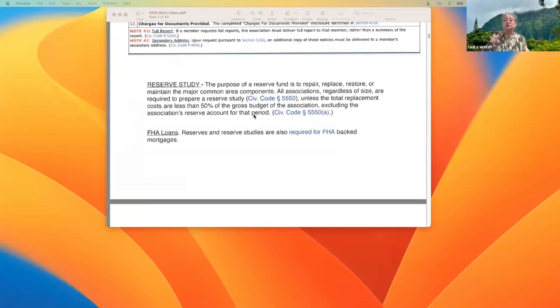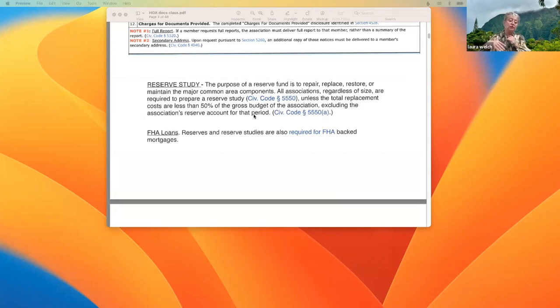The reserve studies are really important. The purpose of this is, as it's stating, it's for the repair. It is for when you're doing major projects. For instance, every 5 years, the outside of the building needs to be repainted. So that is budgeted for in the reserves, so that when you get to that time period, the HOA has the funds to do that.